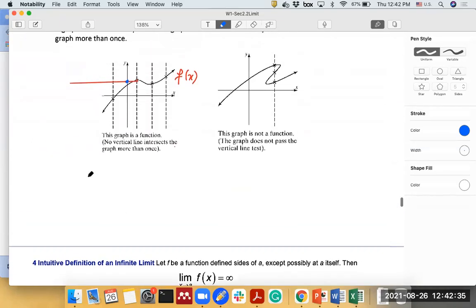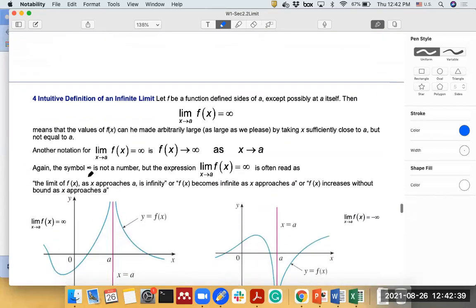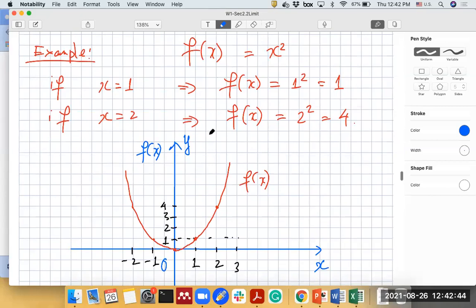So now the limit. We want to understand, okay, if x in the domain here comes closer to a value a, we wonder what f of x approaches. And we call it the limit.